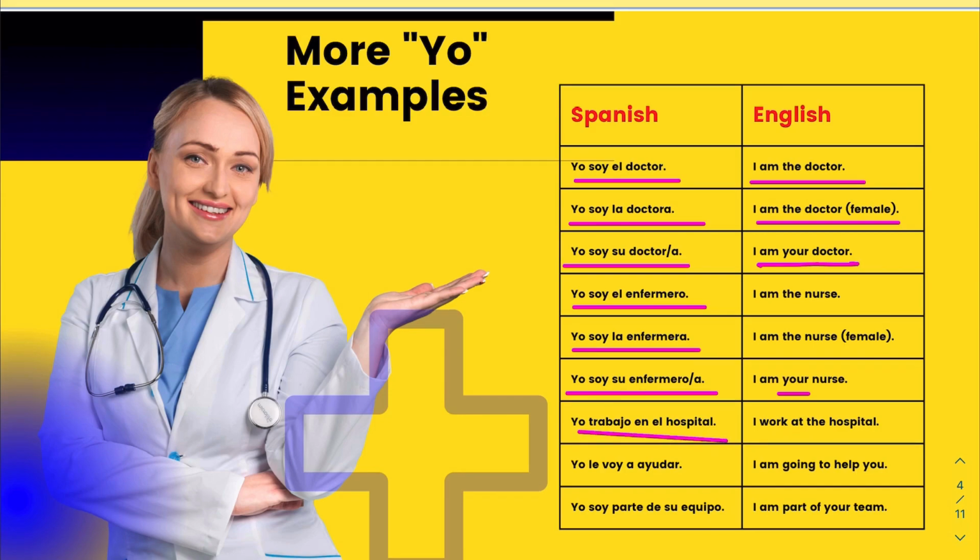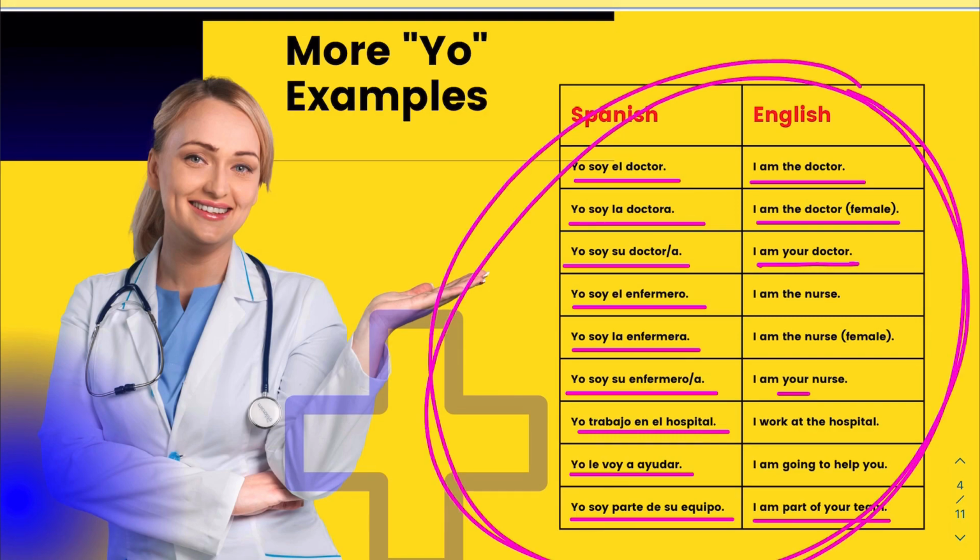Yo trabajo en el hospital, yo le voy a ayudar, I am going to help you. Yo soy parte de su equipo, I am part of your team. Very important table. If you can screenshot it, memorize it, it's going to come in handy quite often.